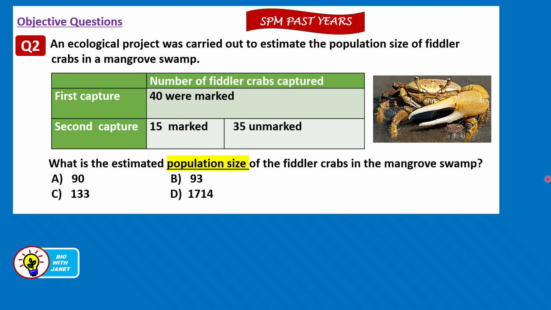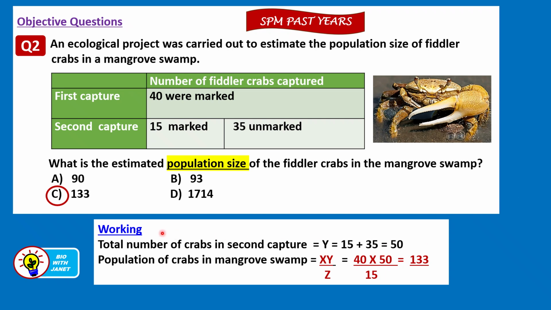So what is your answer? Did you get C? 133 crabs. Let's see what the working is like. Total number of crabs in the second capture, be careful, is 15 plus 35, which equals 50. So the total number of crabs is not 35; it's these two numbers added together.